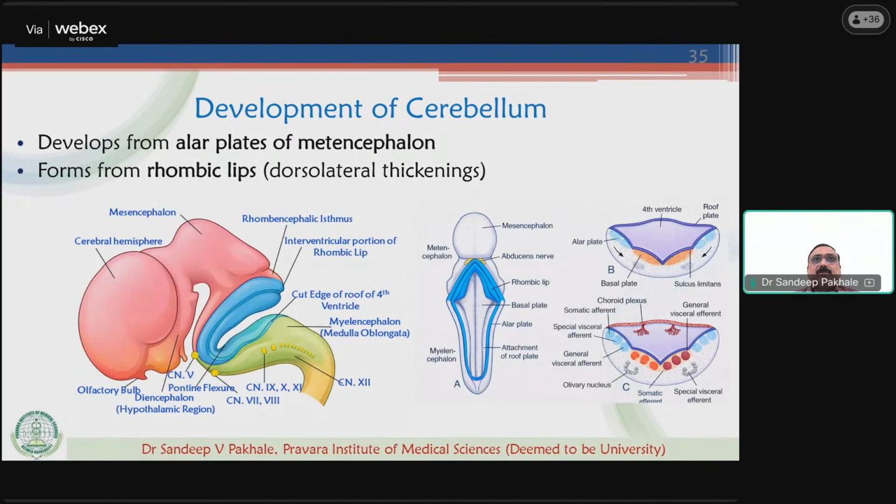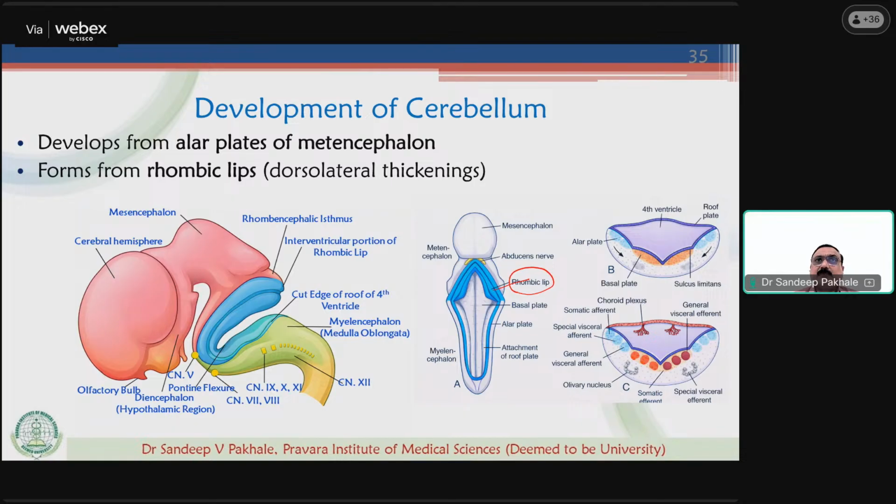Now coming to the development of the cerebellum. It develops from the alar plates of the metencephalon, highlighting its sensory origin. So you can see from this cut edge, the cerebellum is formed.